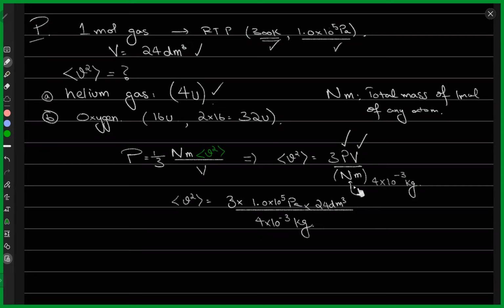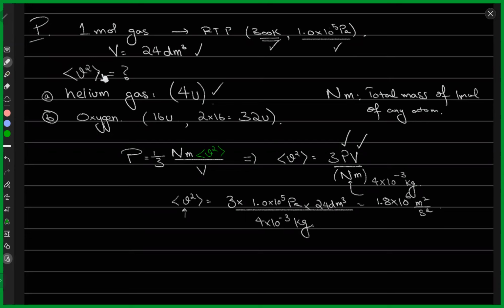You do the math and you get a value of 1.8 into 10 raised to power 6, since we have 3 from here, 5 minus 3, and this is deci. Meters squared per seconds squared. That's the expectation value of velocity squared, or you can say it's the mean of velocity squared.